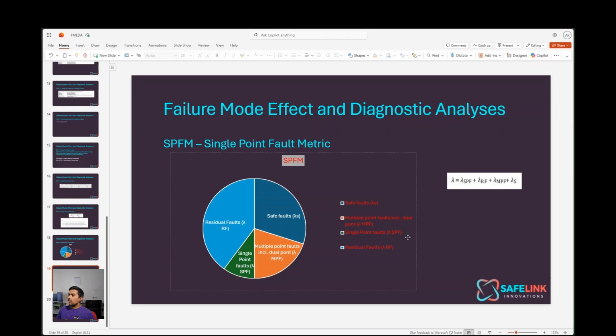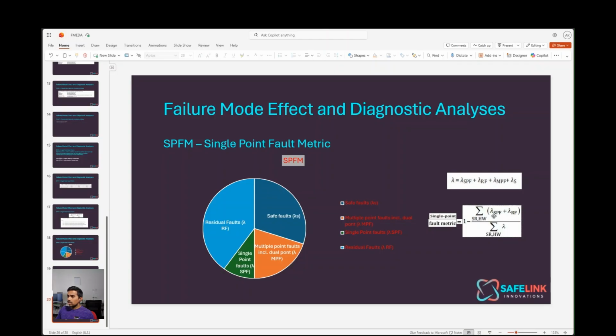Now, the formula for calculating lambda is lambda SPF, lambda RF, lambda MPF, lambda S. So it's just the sum of all these four. Now, if you look at the formula for SPFM, the single point fault metric is equal to 1 minus the sum of single point failures and residual failures divided by lambda.